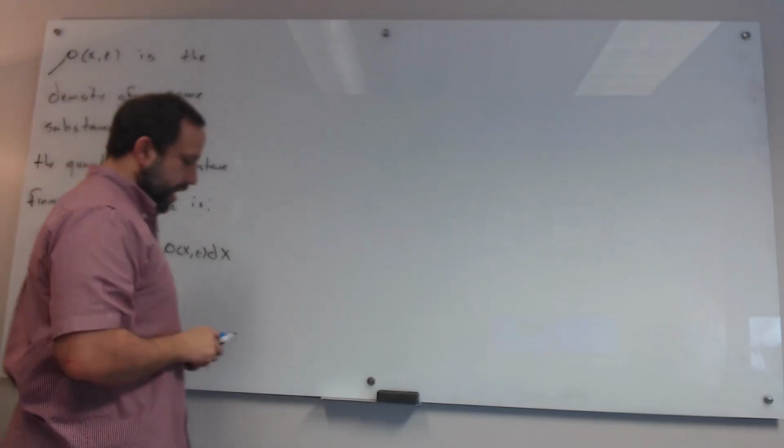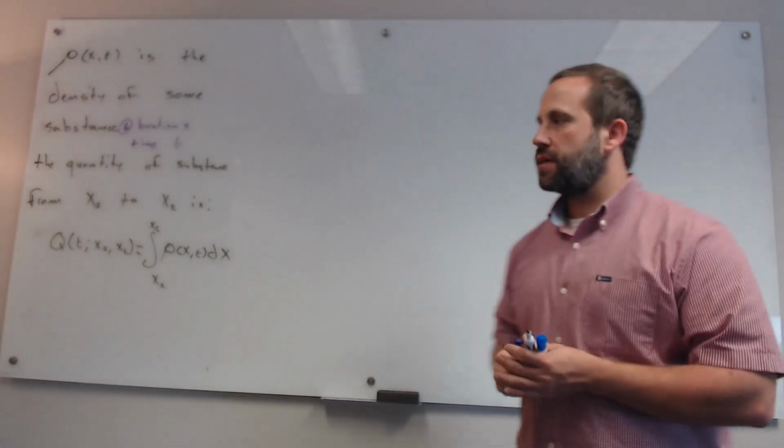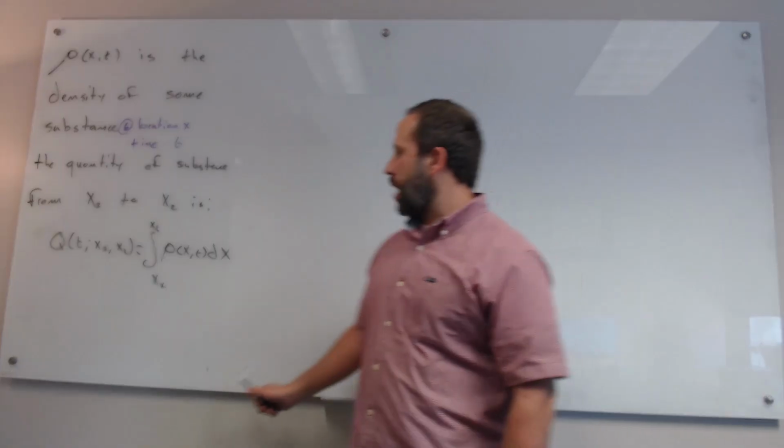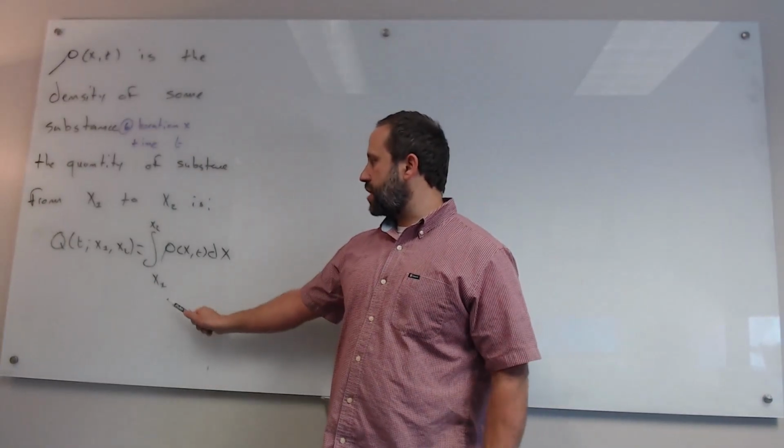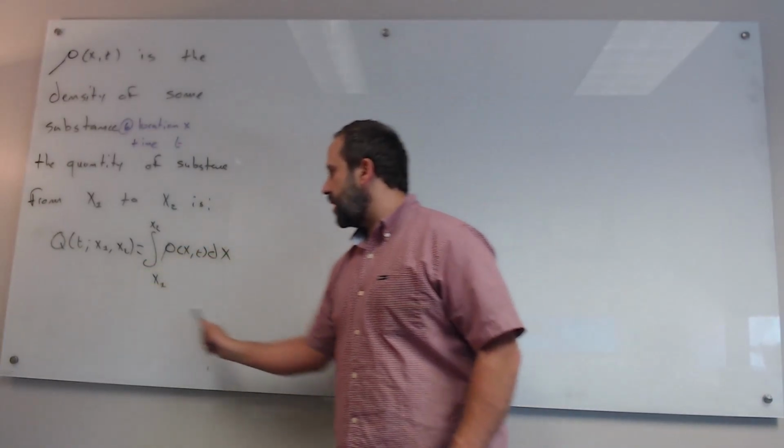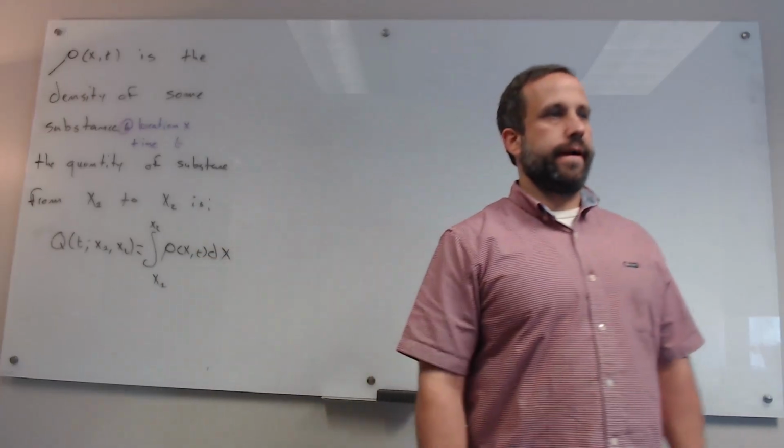This is like the infinitesimal density of some substance, meaning the quantity of substance between points x1 and x2 at time t is going to be this integral right there. Okay, and what we want to do is find a partial differential equation that models rho.